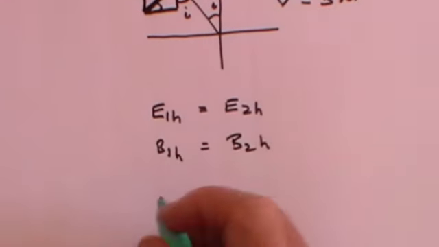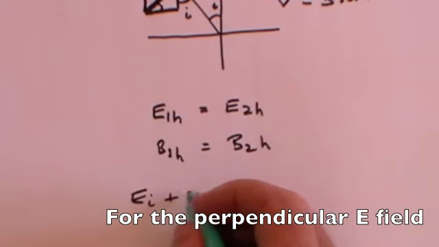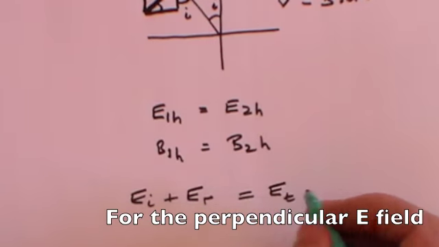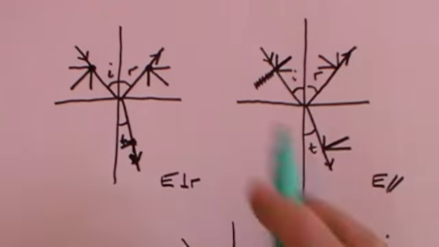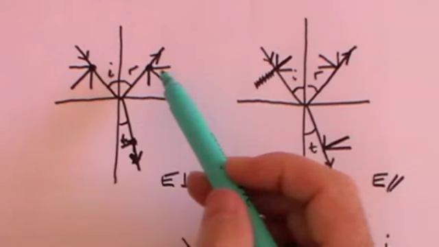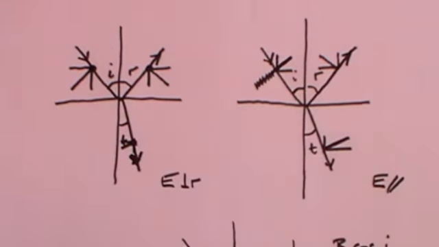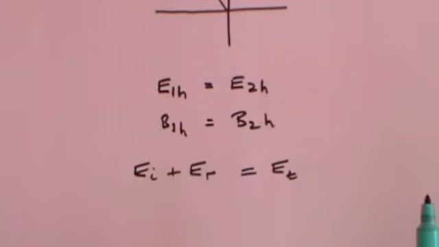So that gives us that the incident E field plus the reflected E field, which are the two E fields in medium number 1, must equal the transmitted E field, which is the only E field in medium number 2. But we can also look in diagram number 1 at the horizontal B fields. They are also parallel to this boundary, so they will also transmit across.